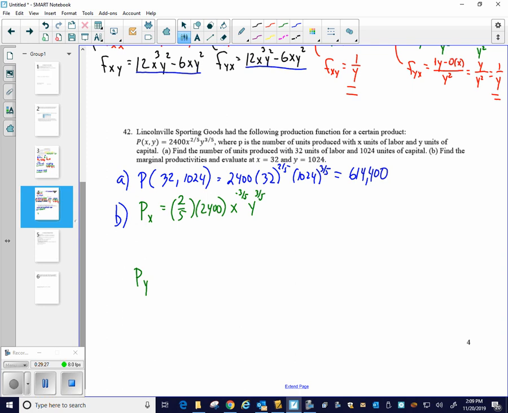And then I need to evaluate that at (32, 1024). So we're going to plug that in: 2/5 times 2400 times 32 to the negative 3/5 power times 1024 to the positive 3/5 power, and then we're going to figure out what that gives us.